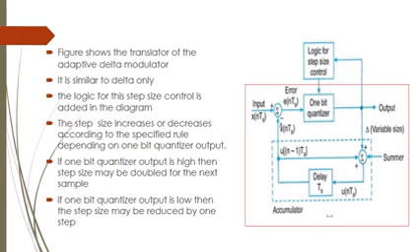Here only the logic for the step size control is added for the variation of the step size. The step size increases or decreases according to a specified rule depending on the 1 bit quantizer output. If the 1 bit quantizer output is high, then the step size may be doubled for the next sample. If the 1 bit quantizer output is low, then the step size may be reduced by 1 step.